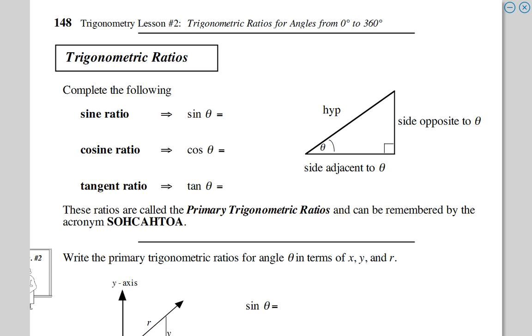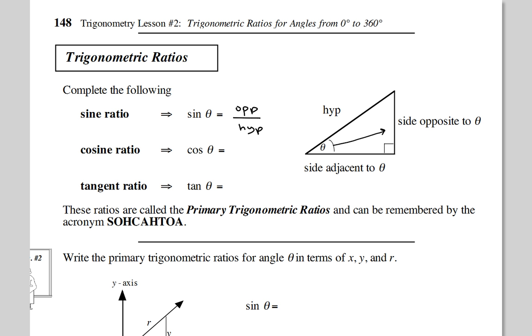Okay, now we can do the ratios like I introduced with how to start the lesson. So back in grade 10, or whenever you learned trig for the first time, for me it was grade 9. For you guys it's probably grade 10. If you came from a different country, who knows. But it's pretty standard that the opposite divided by the hypotenuse is the sine ratio.